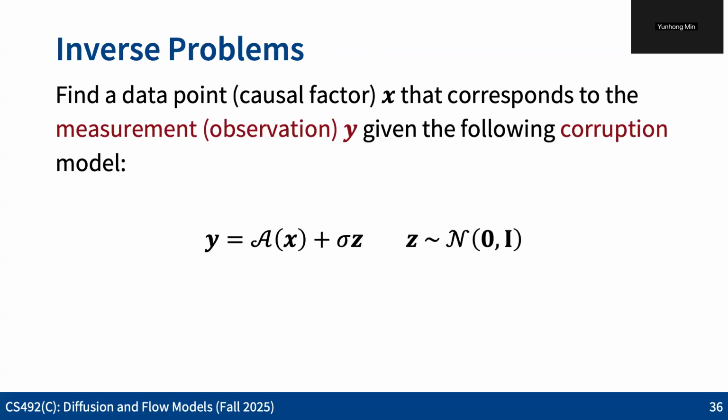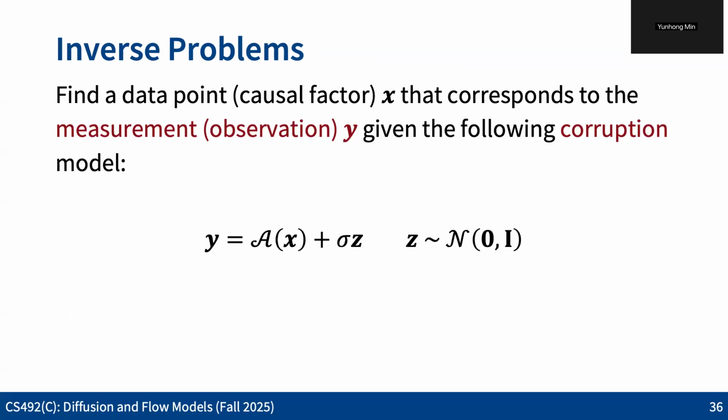The only information that we have is Y. Let's say Y is some partial observation, partial information. And given the partial information, we know how each data point X is mapped to the partial observation Y. So this function A is given.